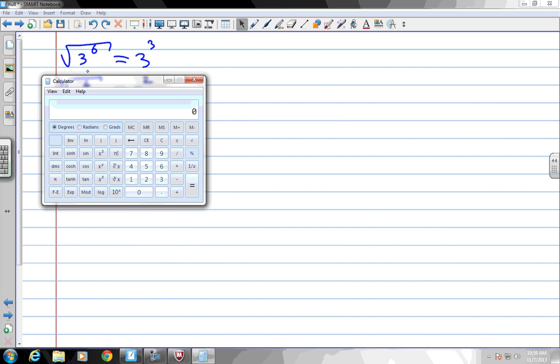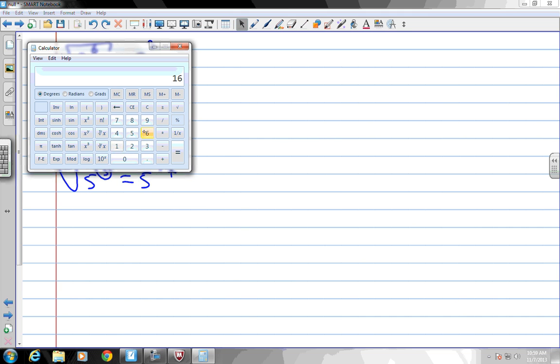If I take a square root of 16, can you tell me the answer? 4, right? No problems there. But if I do this, if I take 16 and I raise it to the power 1/2.